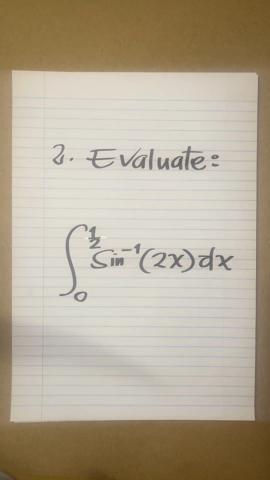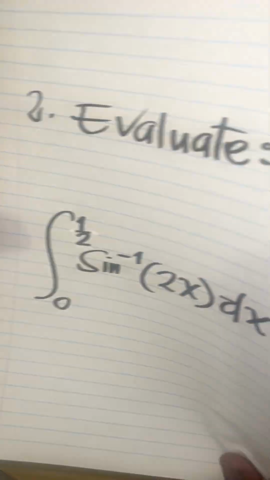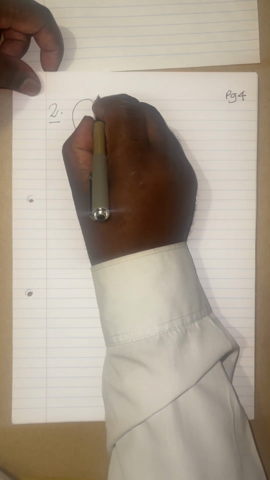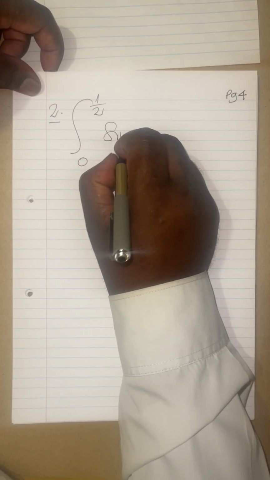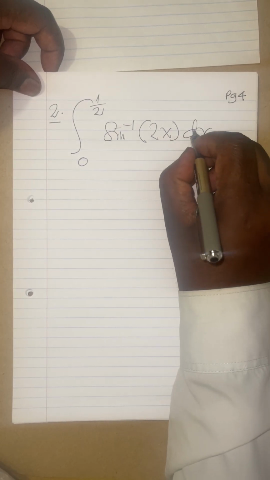The approach is basically the same as in the first one. So this is how we go about it. Page 4, let me capture question number 2 exactly how it is. The integral from 0 up to half of inverse sine of 2x dx.